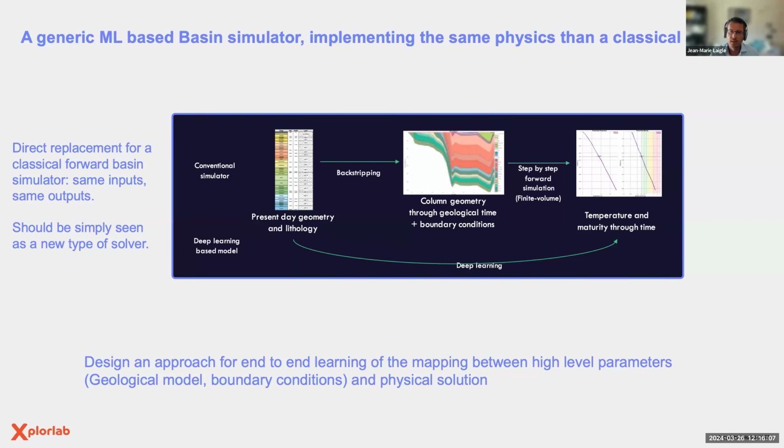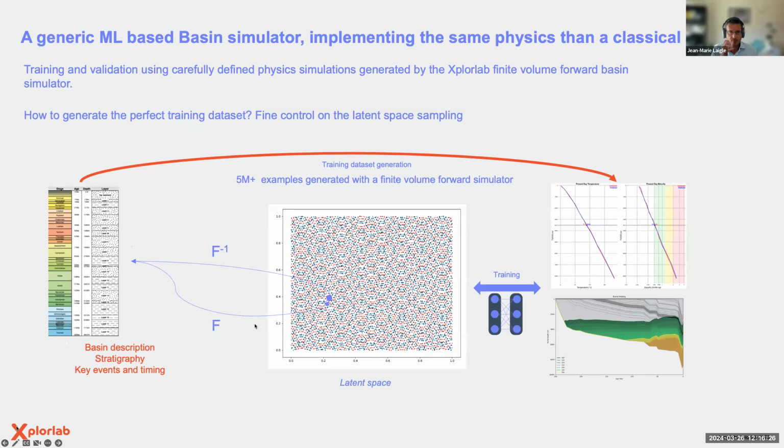What we have demonstrated here is that it's possible to design a deep learning approach which does an end-to-end mapping between the description of the basin and the physical solution. So how do we do that?